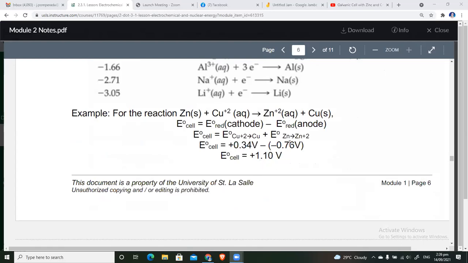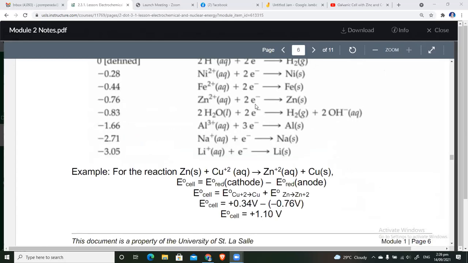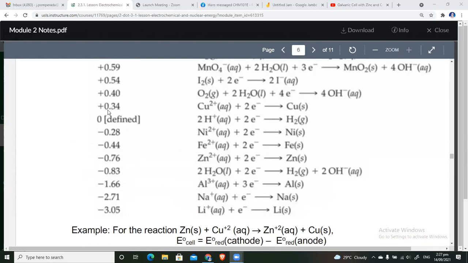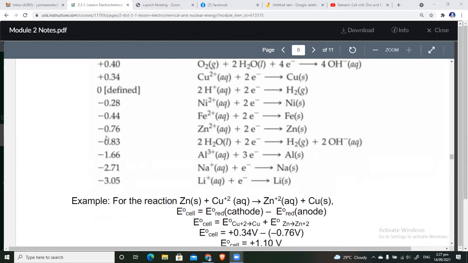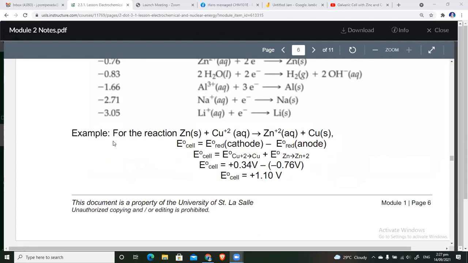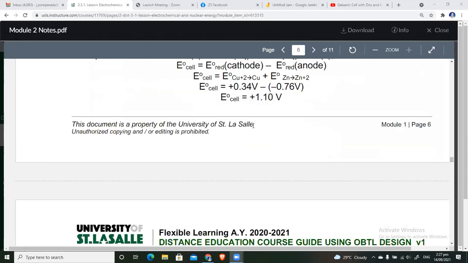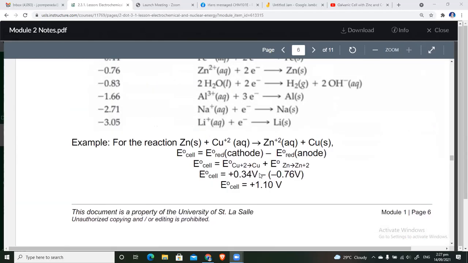Since this reaction of zinc metal converted to zinc cation is the opposite of this one, you will have to add to the 0.34 the negative of this, which is 0.76, giving you a total cell potential for this spontaneous redox reaction, copper 2 plus and zinc forming zinc 2 plus and copper, of 1.10 volts.